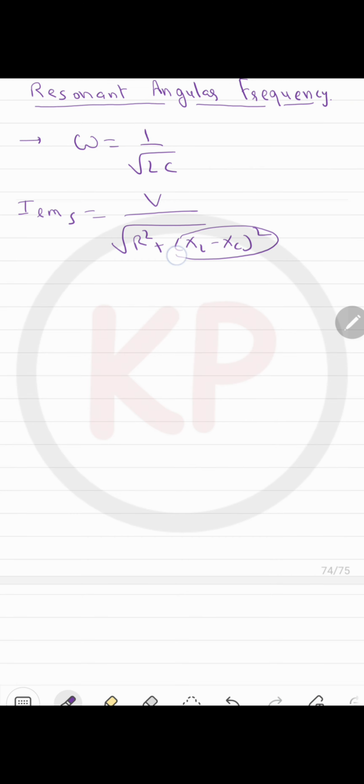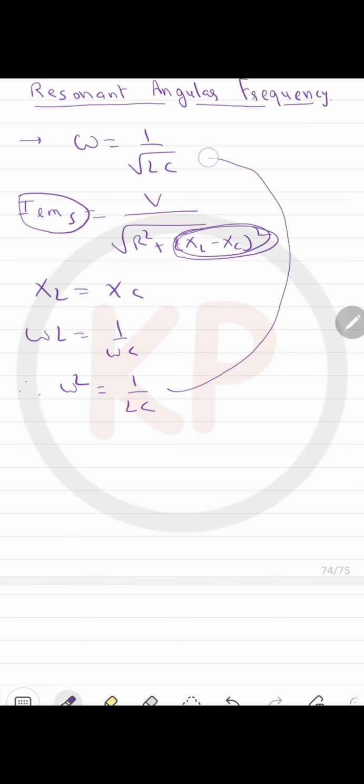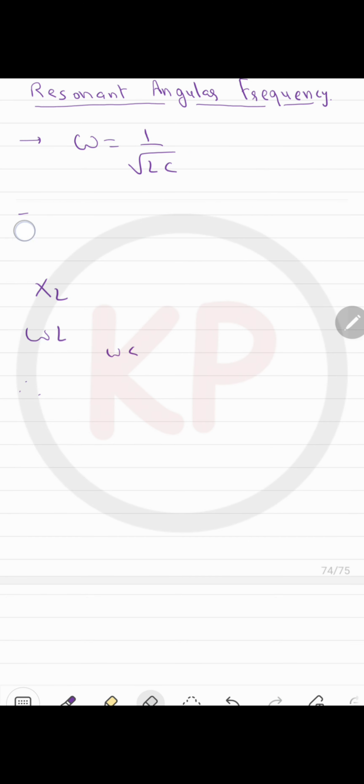So when this term becomes 0, the current becomes maximum. So XL is equal to XC. We can write omega L is equal to 1 by omega C. Therefore, omega square will be 1 by LC, and ultimately we will get omega is equal to 1 by root of LC. When the current in the circuit becomes a maximum, that phenomenon is called resonance, and the angular frequency at that point is called resonant angular frequency.